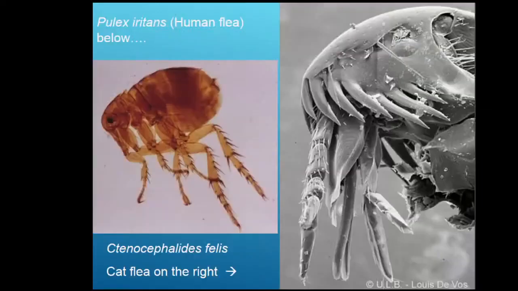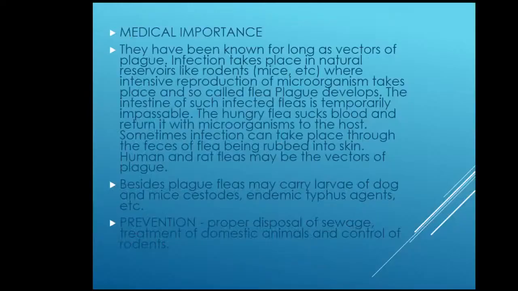So this is Pulex irritans, the human flea, but it can feed by blood of humans, dogs, mice, rodents and others. Medical importance of fleas.